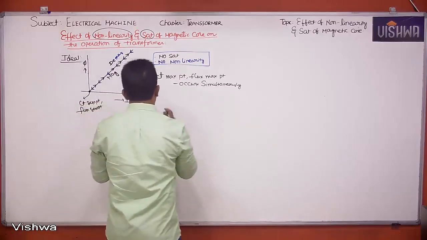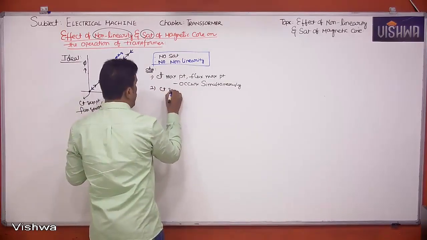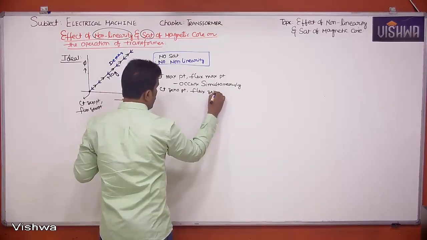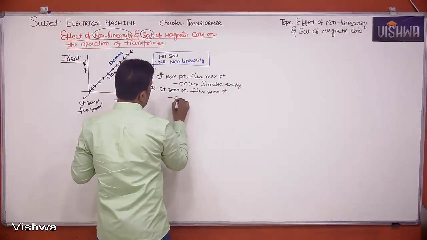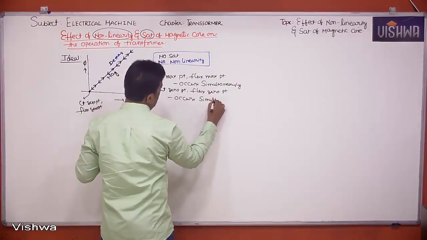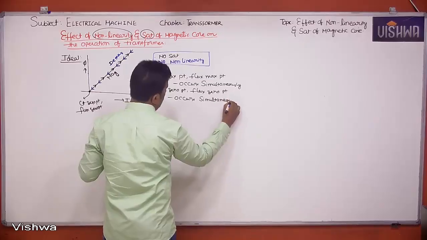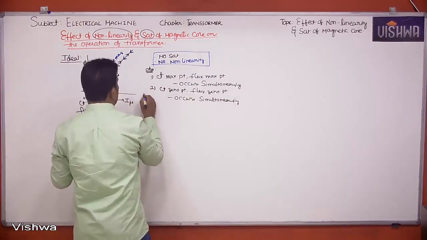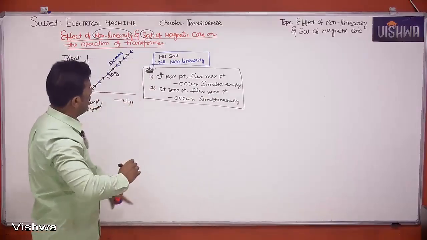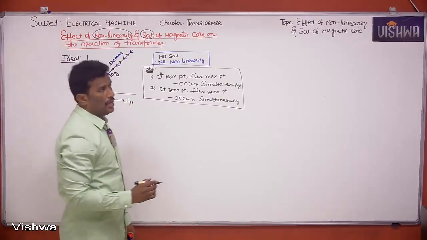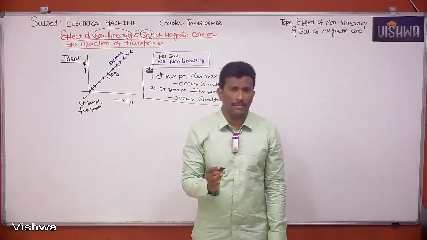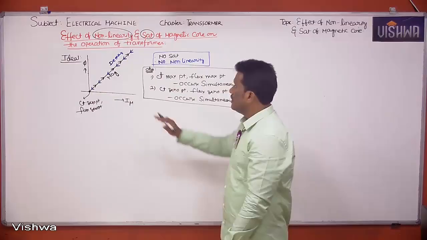Current 0 point, flux 0 point occurs simultaneously. These are the two observations you have to remember. From this we can draw the shape of the I mu waveform required for getting a sinusoidal flux and EMF waveform. This is the ideal case.